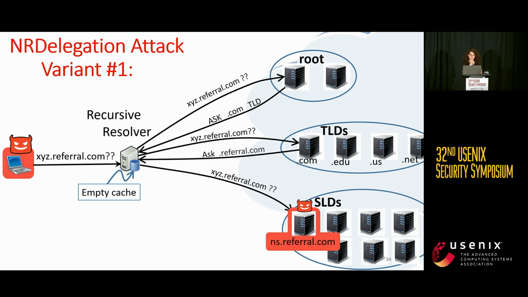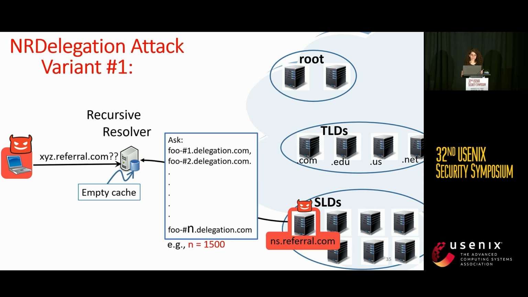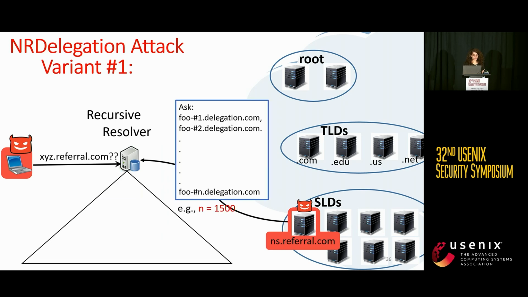Finally, it's directed to another malicious authoritative server, owned by the attacker. This server responds to the resolver with a very long referral list response. In our example, it's 1,500 names in this referral list. Like we said before, the first thing that happens is that the resolver looks up all of those names in the cache and database, creating 3,000 lookups in this specific example.